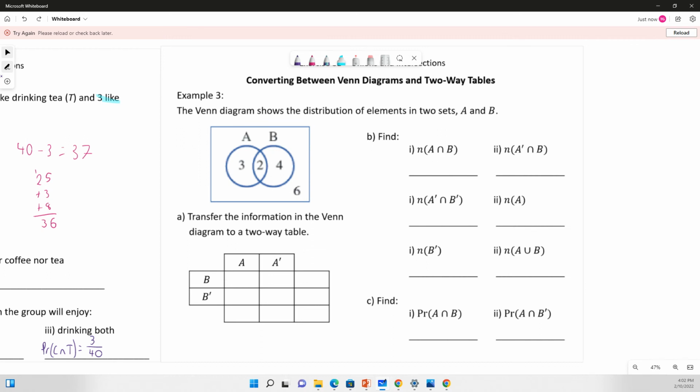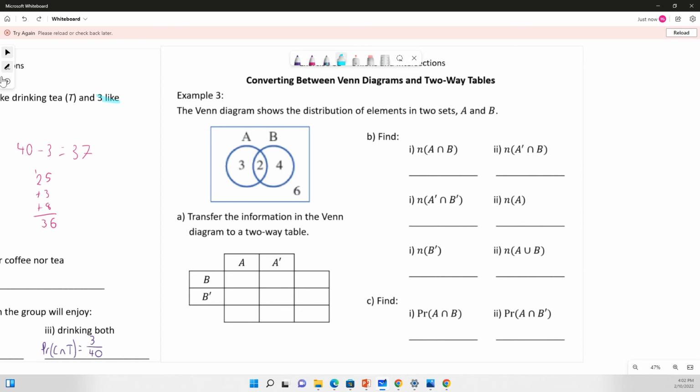Some questions are better suited to each one, and with practice, you will understand which ones are better for certain types of questions. So here we've got a Venn diagram showing the elements in set A and set B, an intersection, and the elements that are in neither. So let's transfer this information in the Venn diagram to a two-way table.